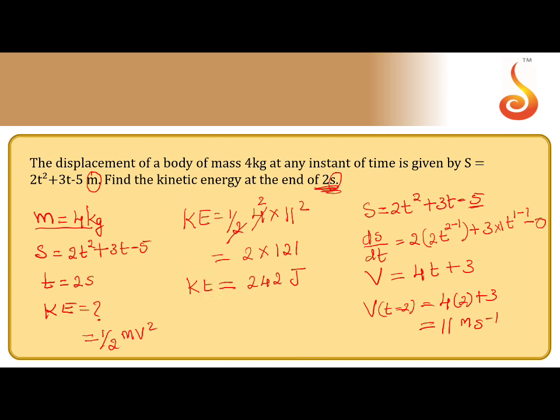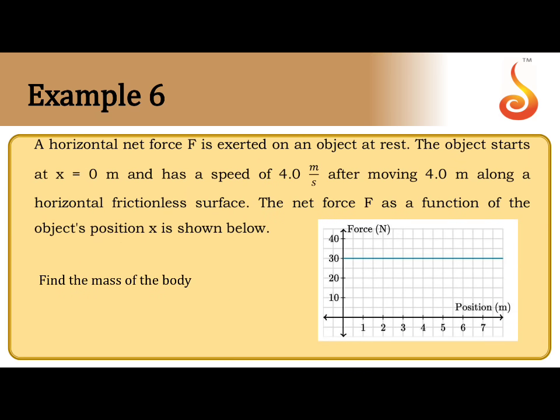This will be the kinetic energy. In the same way, the displacement can have many functions of time. You just need to understand, you need to differentiate that to get the velocity. We will move on to the next problem.